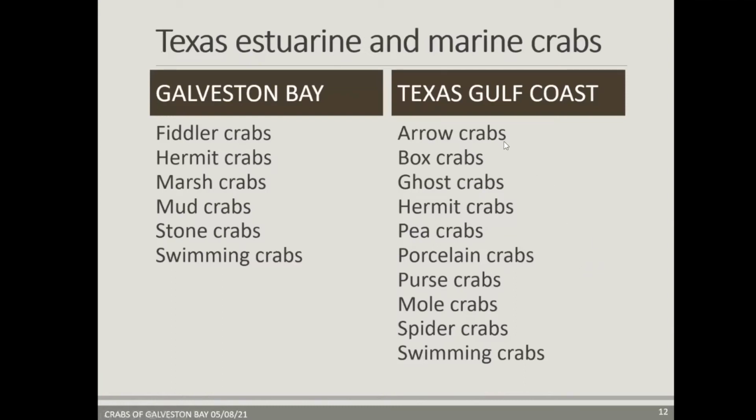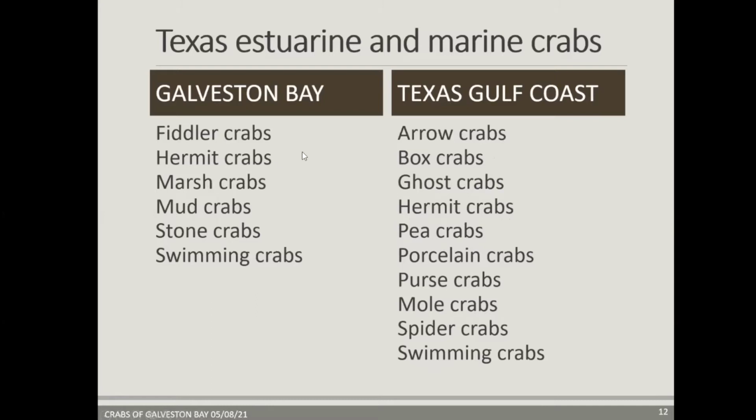So here are the different crab groups along the Texas Gulf Coast. We have arrow crabs, box crabs, ghost crabs like you see out on the beaches. They're not on the bay side, they're only on the beach side. Hermit crabs, the pea crabs that are in the mollusks, porcelain, purse, mole crabs, they're also on the beach, spider crabs, and swimming crabs, where we have fewer in Galveston Bay.